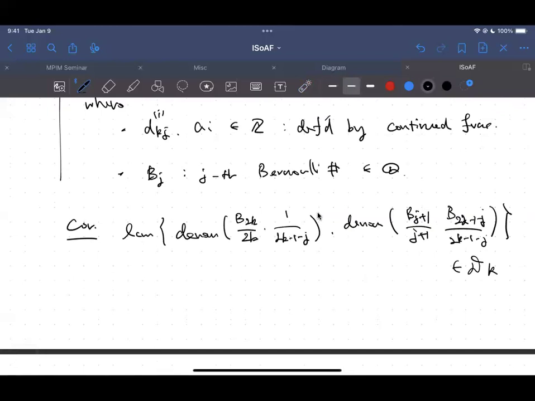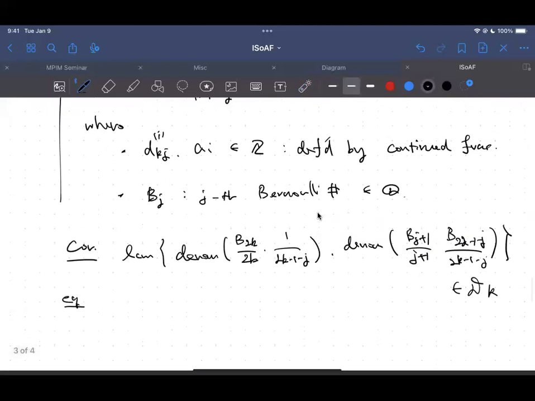And he also computes some examples. So if k is 2, then this least common multiple is 720, which gives one universal upper bound. But he observes that this is not the best possible thing.